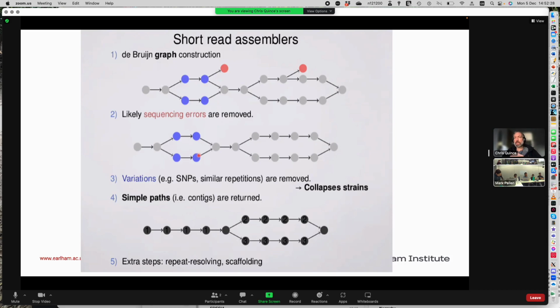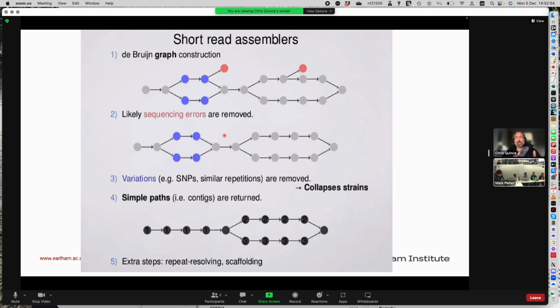You did variant detection last week, didn't you? With programs like VarScan, okay? If you've got a metagenome with multiple strains in, what you'll see is bubbles in your assembly graph, with one path corresponding to one variant and the other path corresponding to the other variant.